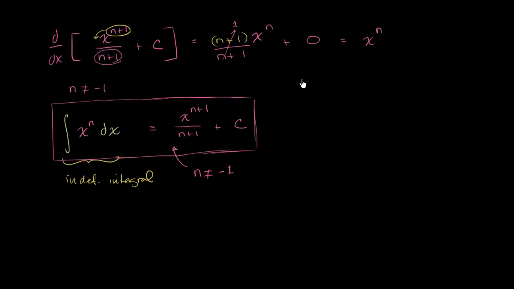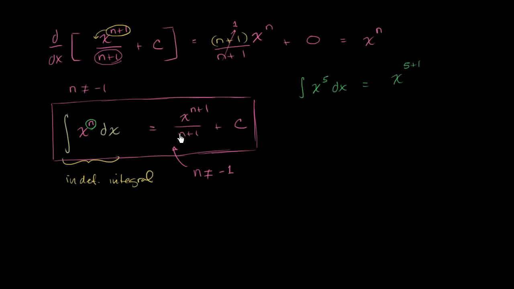So let's take the antiderivative of x to the 5th power. Well, all we have to say is, look, the 5 is equal to the n. We just have to increment the exponent by 1. So this is going to be equal to x to the 5 plus 1 power. And then we divide by that same value.